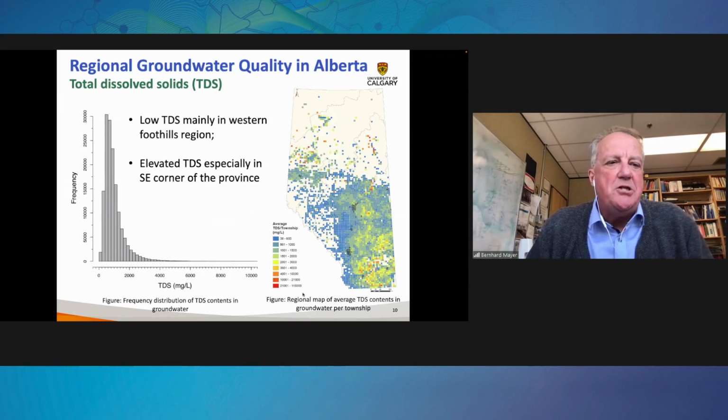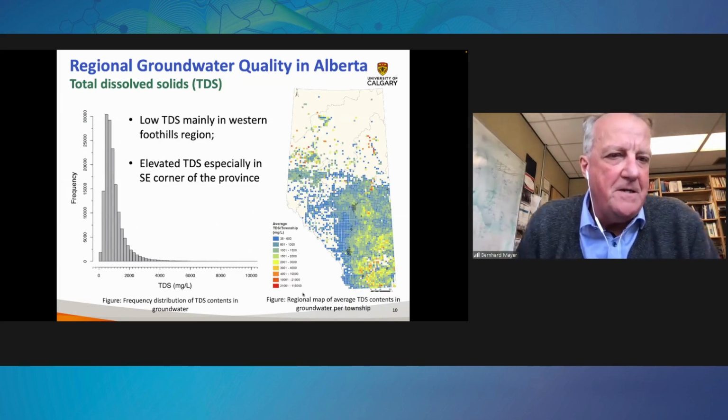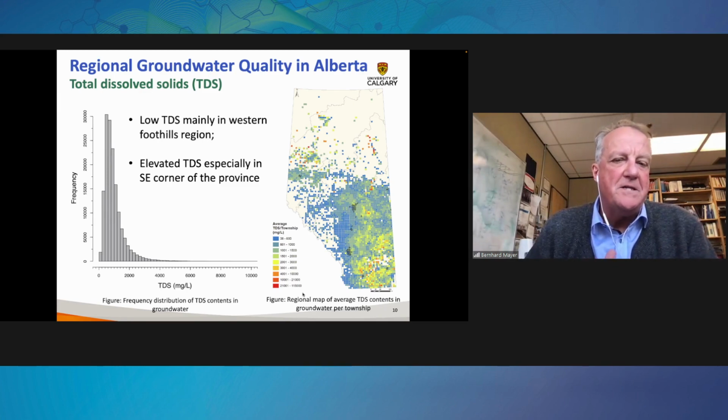The next slide shows on the left-hand side a frequency diagram of total dissolved solids, or salinity, for all groundwater samples in Alberta. And on the right-hand side, you see a map with color codes with the average total dissolved solids in each township for groundwater in that area. The only thing I want you to see is that the blue colors are all distributed on the left-hand side.